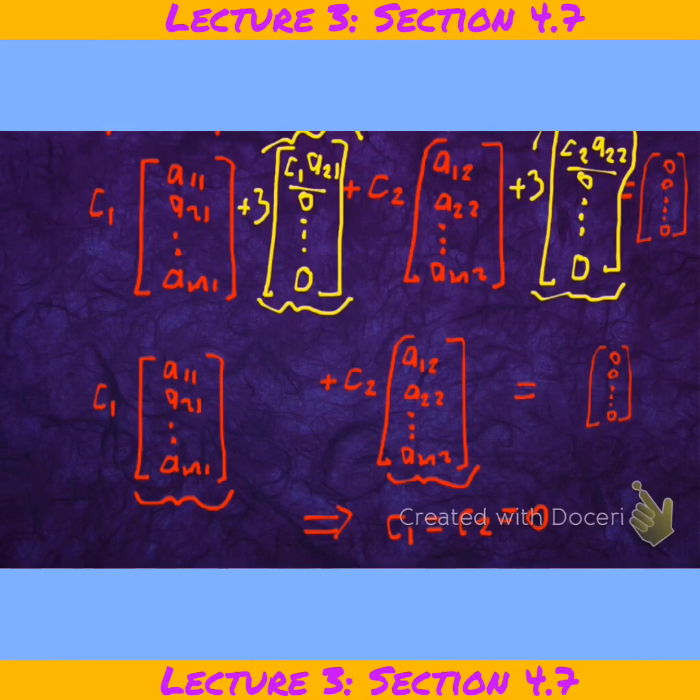If you have linearly independent columns in B, then their corresponding counterparts in the matrix A are also going to be linearly independent.